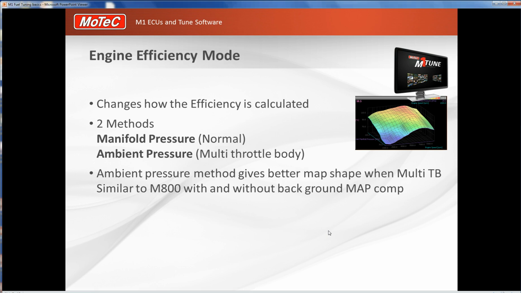The simplest way to explain that is if you think about how the M800 used to do your fuel map. When you had inlet manifold pressure as a 2D background compensation, maps used to sit relatively flat, like at the top of a large hill, and the number change from idle to full load really was only a representation of a richer mixture.